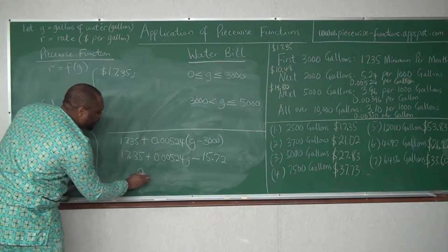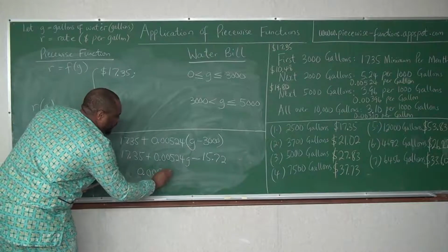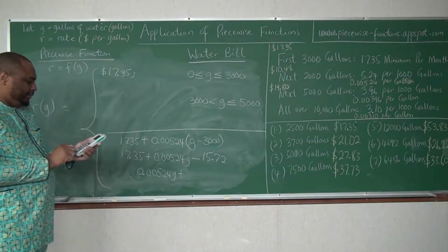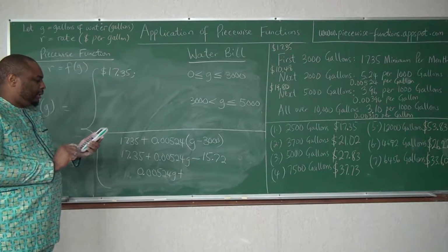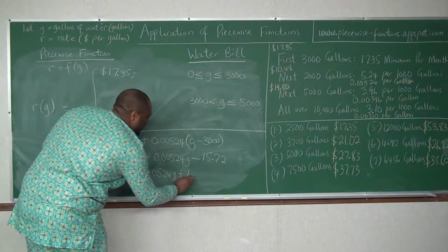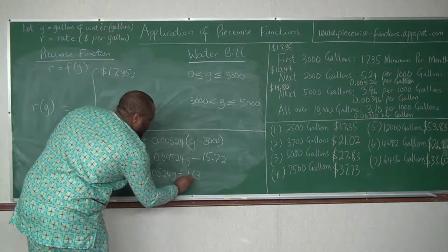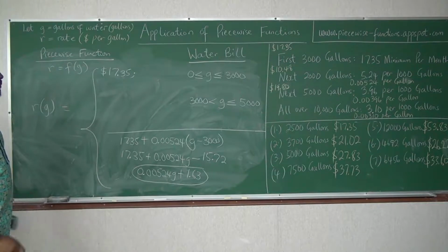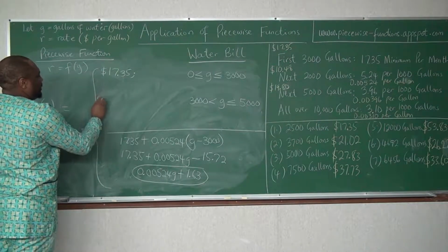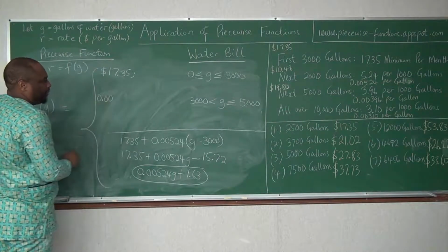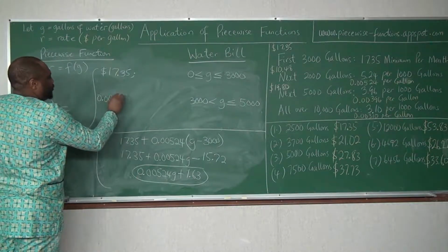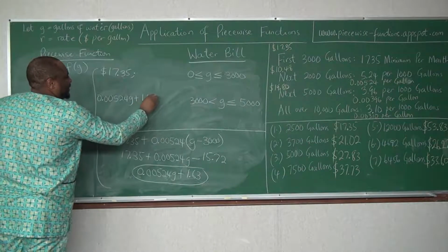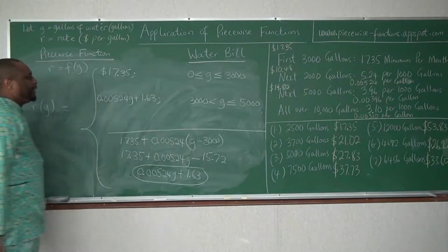So this is 0.00524G plus $1.63. You write here 0.00524G plus $1.63, semicolon.